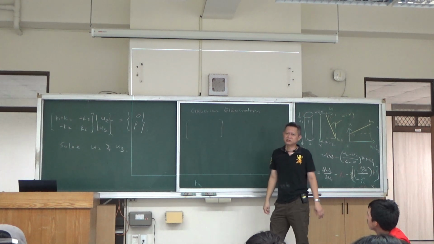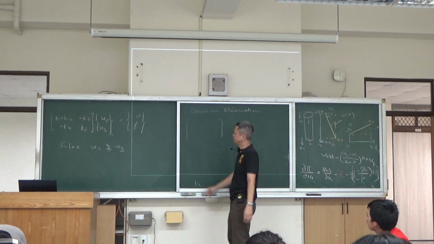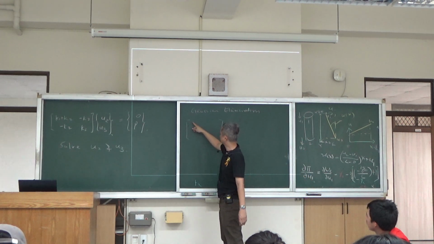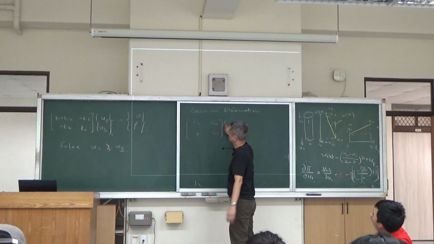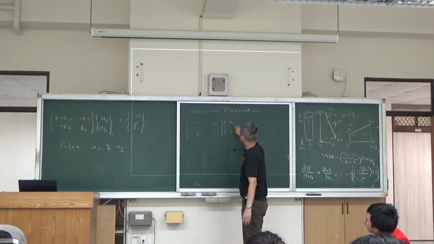The procedure of solving this is, if this is a stiffness matrix, I'm going to arrange them as C11, C12, and C22, 0, U2, U3.